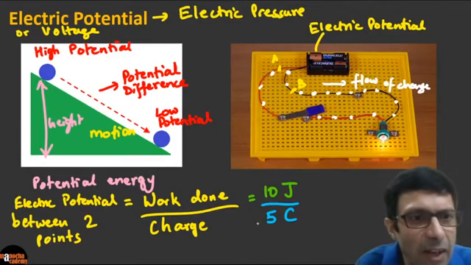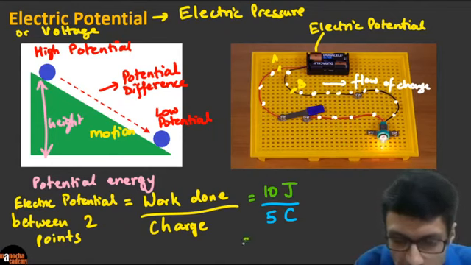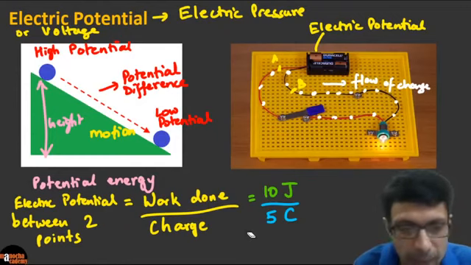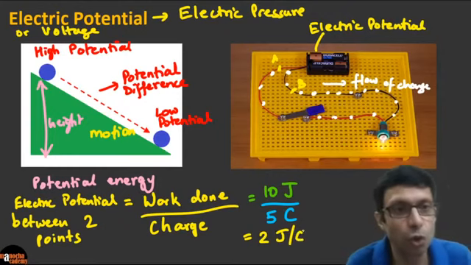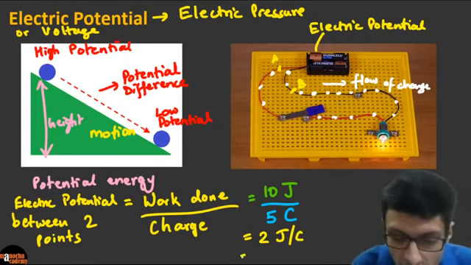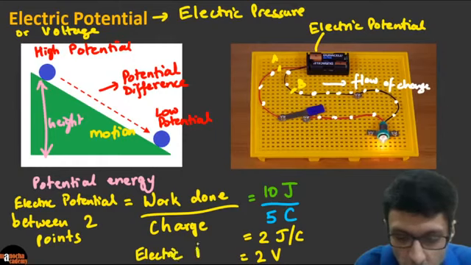Excellent. I see Narendra has the right answer. Sridhar, Shaurya, come on guys, all of you think. It's going to be 10 by 5. Simple. 2 joules per coulomb. Let me write that in yellow here. So it's going to be 2 joules per coulomb, and this joules per coulomb is known as volts, because here the electric potential is going to be 2 volts.